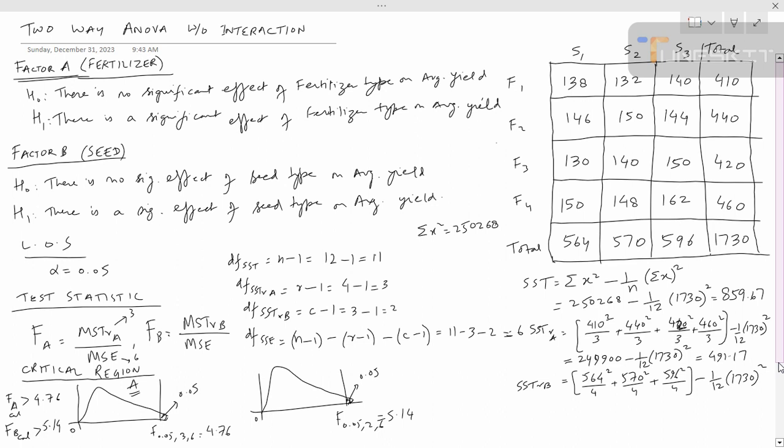So 564 squared plus 570 squared plus 596 squared should be divided by 4, and it gives us 249,553. Take away 1 upon 12 times 1730 squared. So that's 144.67.